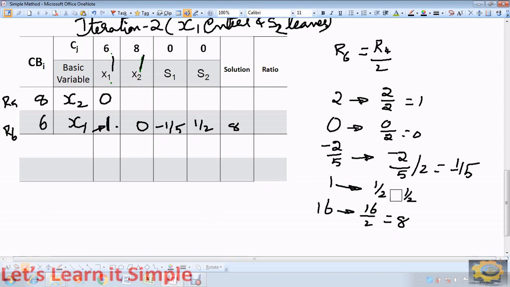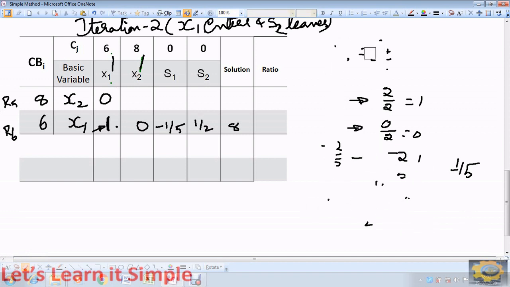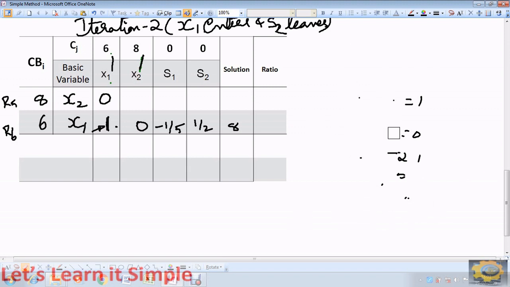Let me erase this and let me compute for R5.